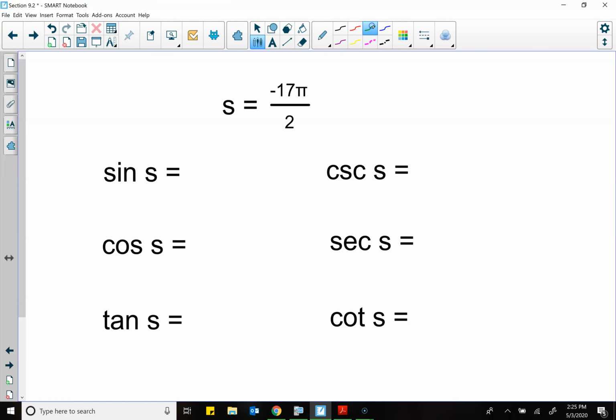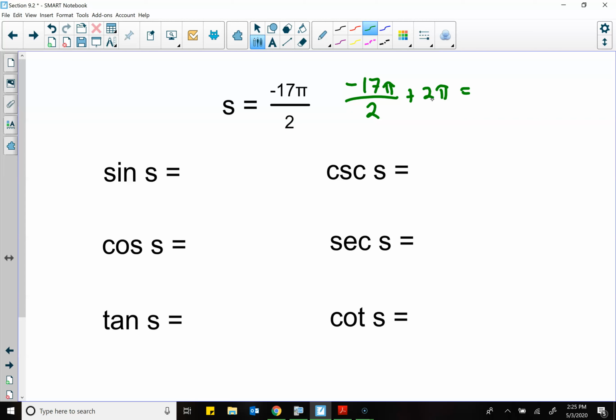Okay. So the first thing is we got to turn this into the least positive coterminal angle. Okay? So we're going to add 2 pi. So I'm going to go to my calculator. I'm going to take negative 17 halves plus 2 because I got to know what this is as a fraction. Okay? I got to make sure that it's between 0 and 2 pi.